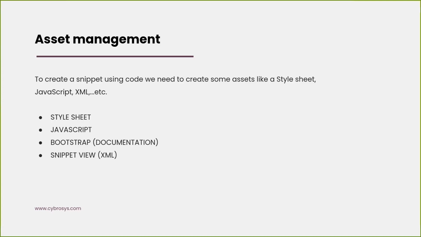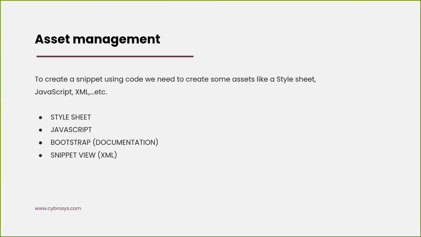And Bootstrap. Bootstrap is a set of pre-built CSS and JavaScript, which is already in Odoo. So we can use the power of Bootstrap to create responsive and more beautiful snippets.